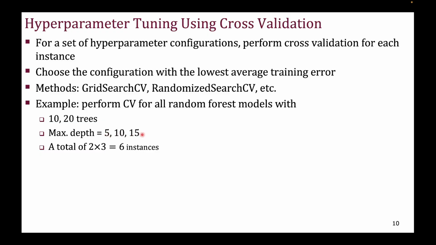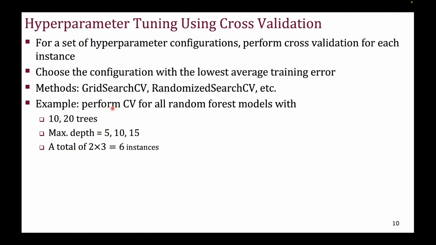You can include more values, but let's consider a simple setting where we only consider 2 possible numbers of trees and 3 possible numbers of maximum depth of your trees. Then we have a total of 2 times 3 equals 6 instances. Maybe we have 10 trees, maximum depth 5, or 20 trees, maximum depth 5, or 10 trees, depth equal to 10. All those 6 different possible combinations.